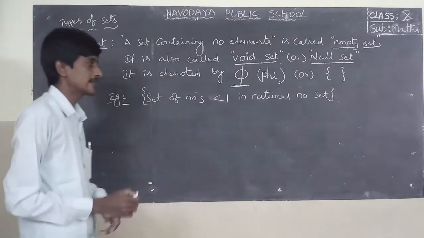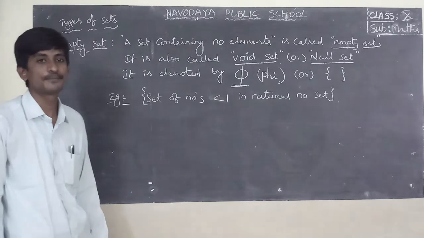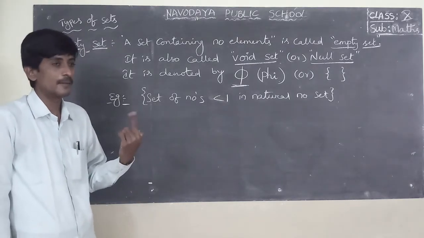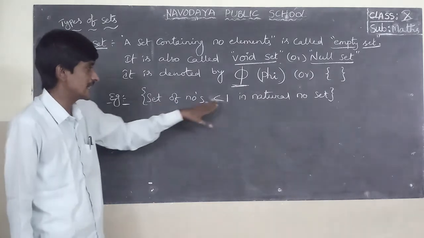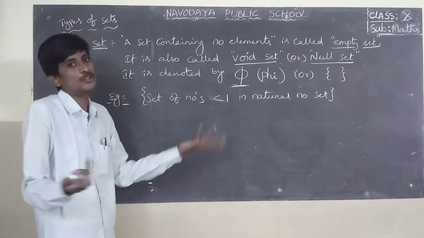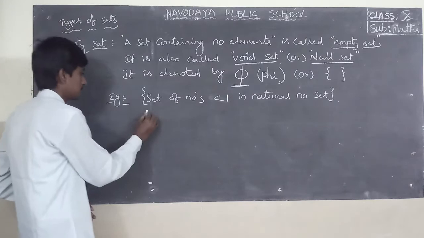What is the least natural number? 1. But here, the set of numbers less than 1. Okay, there are no numbers. So this is one example of an empty set.